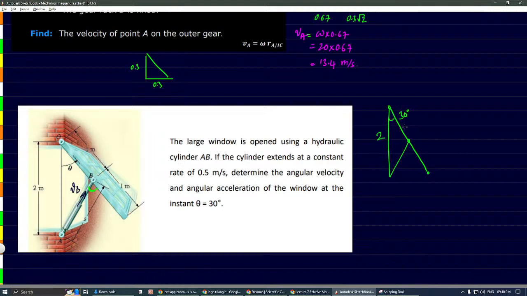This length is 2 meters. This is 1, 1. This is the direction of velocity, you know. This is 90 degrees. This is 30 degrees.